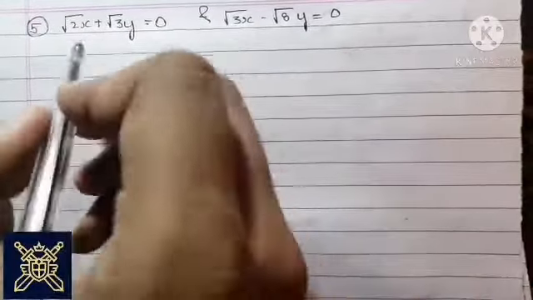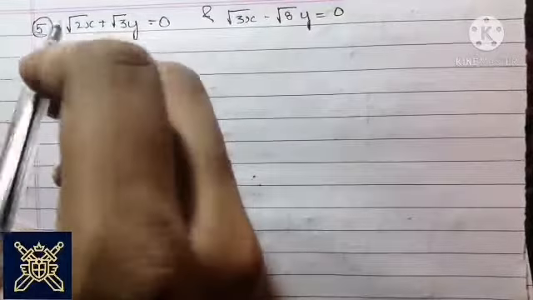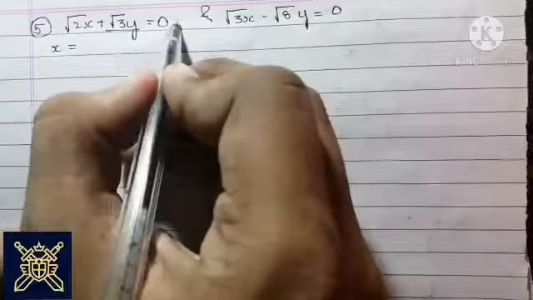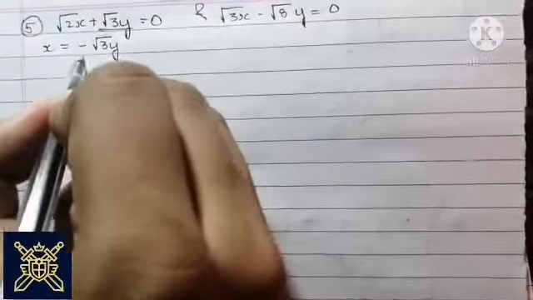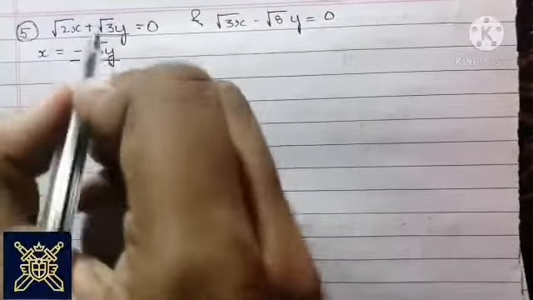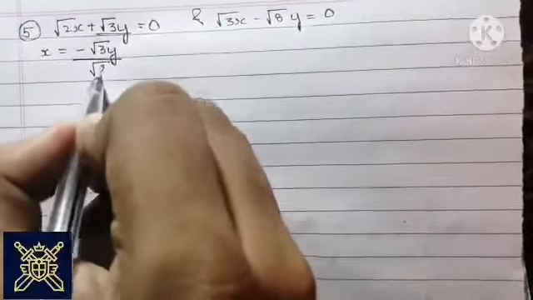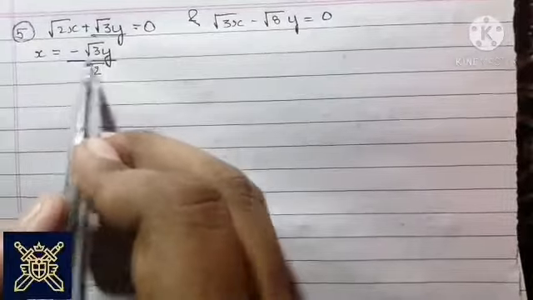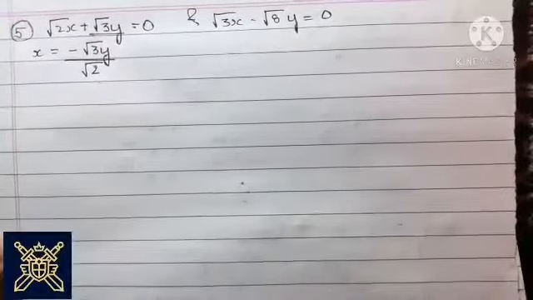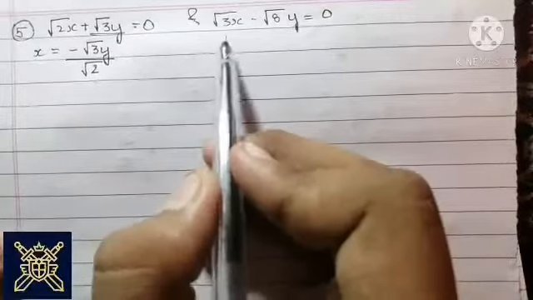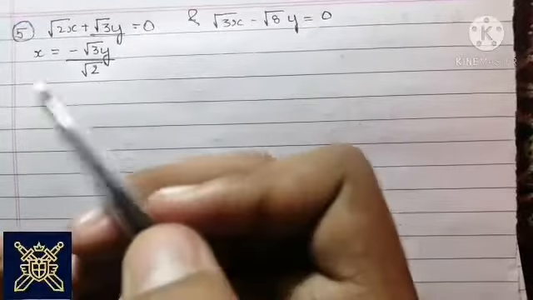So now we will get the value of x. So x is equal to, this root 3y will go towards that side and become minus root 3y, and this root 2 will go over that side, will become root 2. So x is equal to minus root 3 by root 2 y. So now we will put this in a rationalized form.